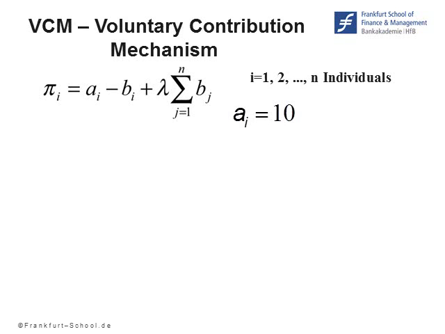The person comes to the lab, she gets 10 units, and then she can pass on Bi, then holding Ai minus Bi of the initial endowment, and will get back from the others and herself whatever they put into the common pot by passing on B.